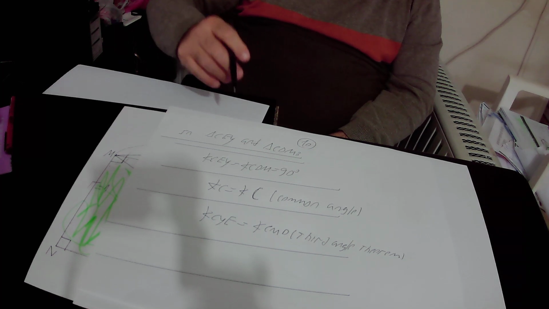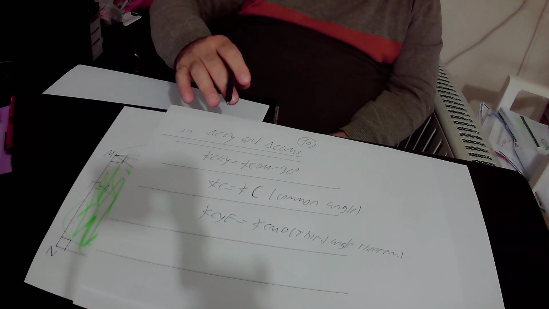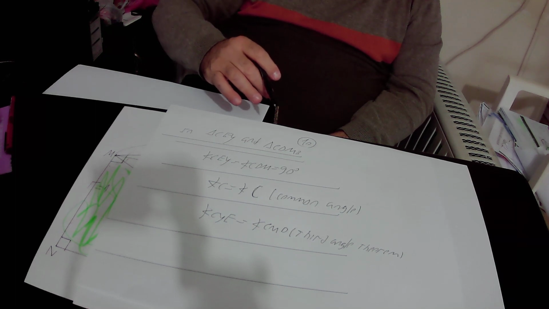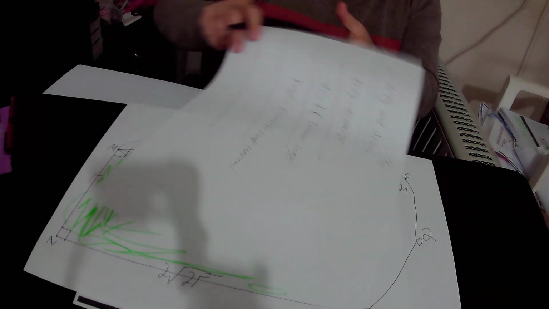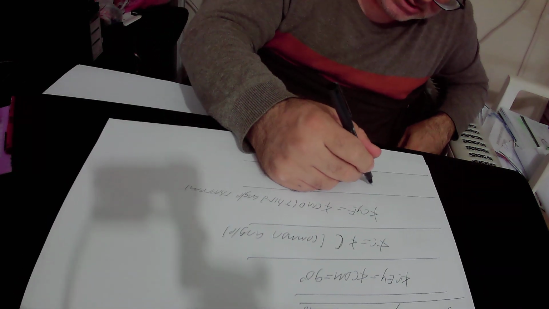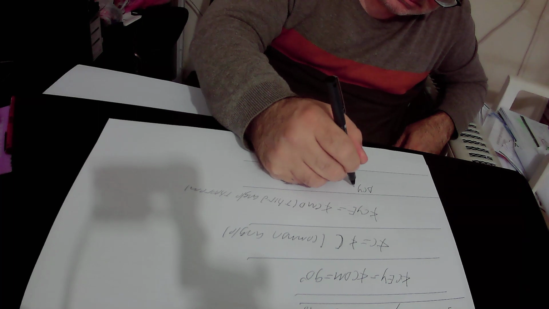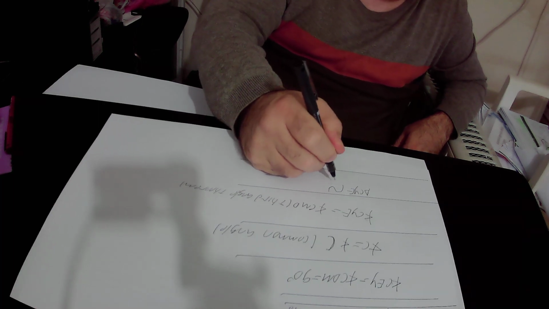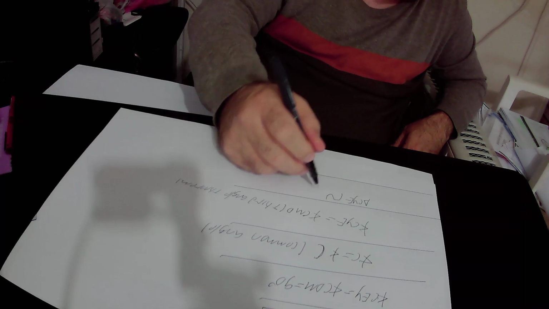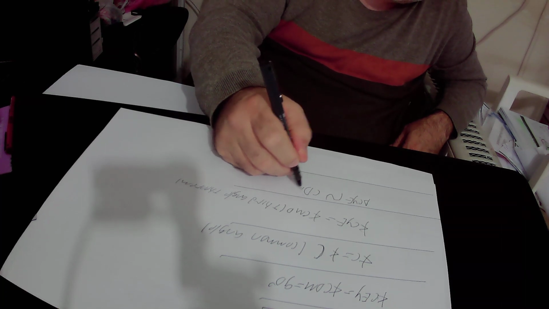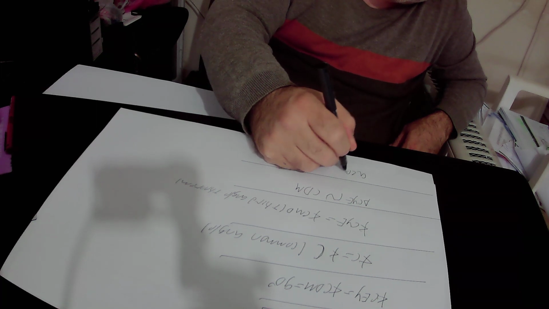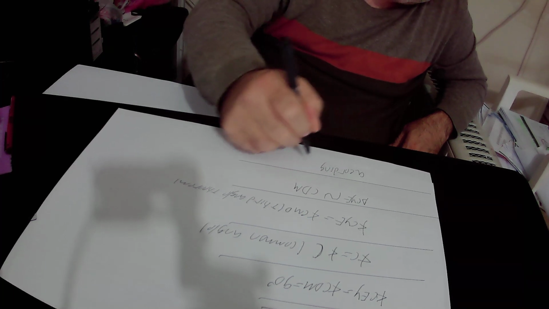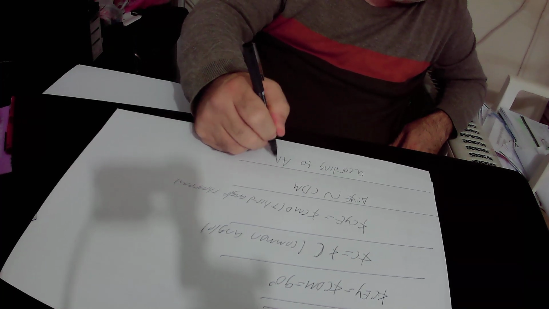Therefore, we proved that triangle CYE is similar to triangle CDM according to angle similarity rule. I'll write it down. We actually proved the triangle CYE is similar, this is the sign of similar, to triangle CDM according to angle similarity rule.